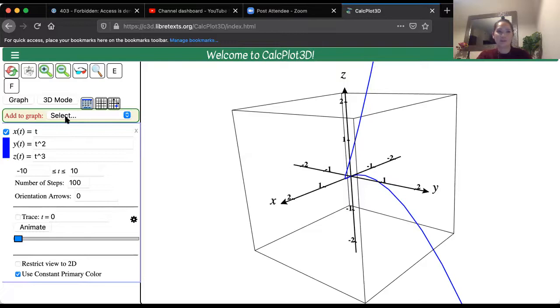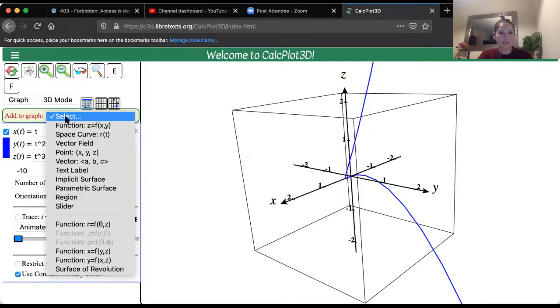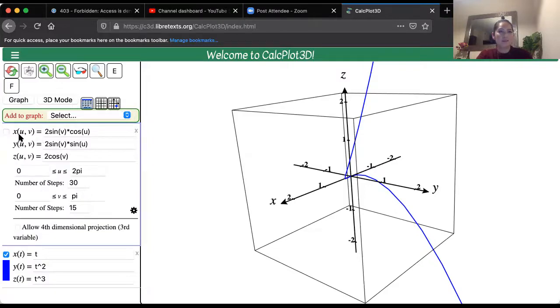Now, if we want to graph a parametric surface, go to this drop-down list and look for parametric surface. It's right there. Now, they're using the parameters u and v rather than u and t, and that's fine with us, because we know these variables are just dummy variables. And I've got the equation of my tangent surface right here.